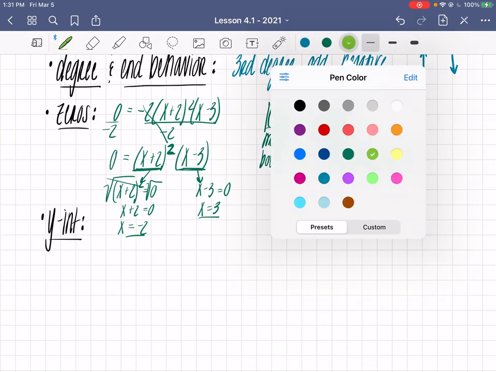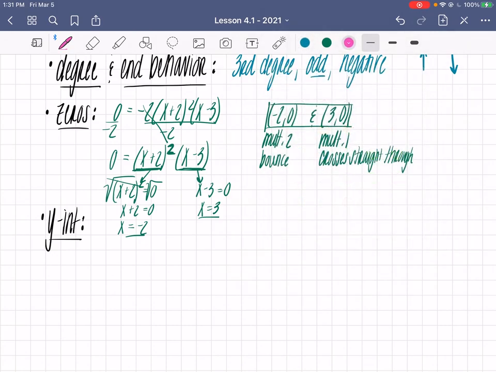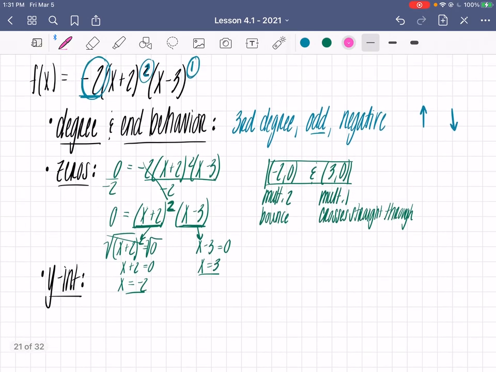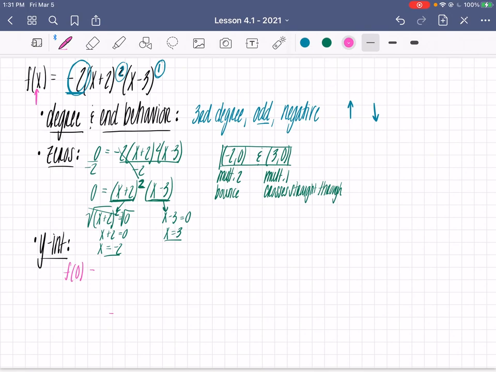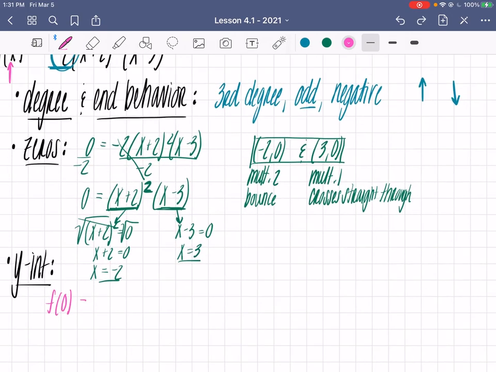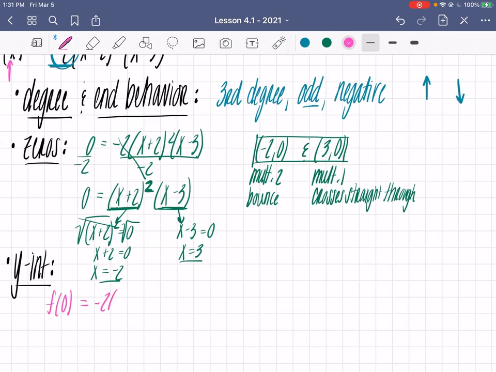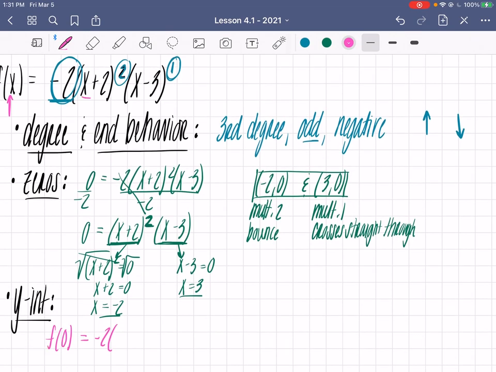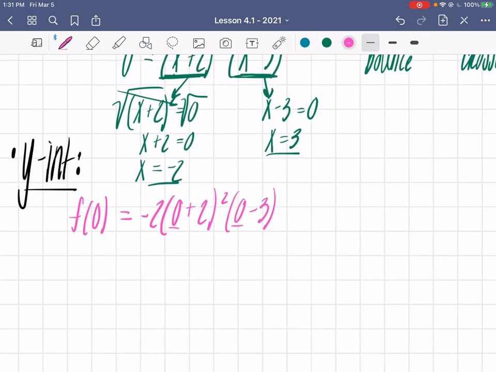Okay, and then the y-intercept, we always just set x equal to 0. So f of 0. Okay, and then I'm going to have negative 2 times, plug it in here, 0 plus 2 squared times 0 minus 3, and then we just need to simplify.